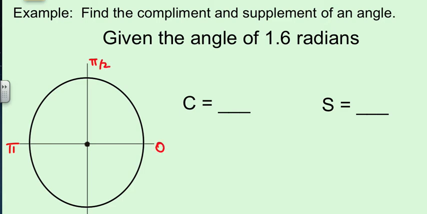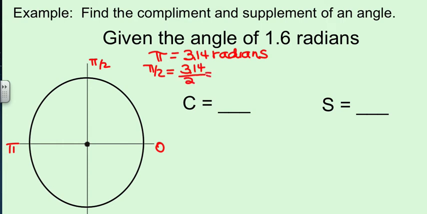If you remember, pi represents approximately 3.14 radians. If you wanted pi over 2, that is half of 3.14. So 3.14 divided by 2 is approximately 1.57 radians. So our angle of 1.6 is just a little bit more than pi over 2.